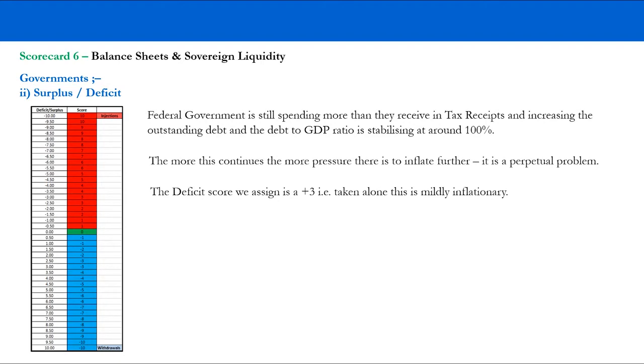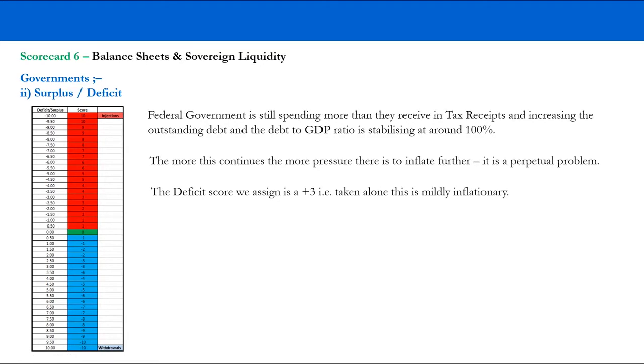On our scorecard, the deficit score we assign with the minus 2.7% is around a score of 3. So if we take this alone, this is mildly inflationary. But taken together, you can obviously begin to appreciate now how we're overall scorecarding things in the endogenous analysis.